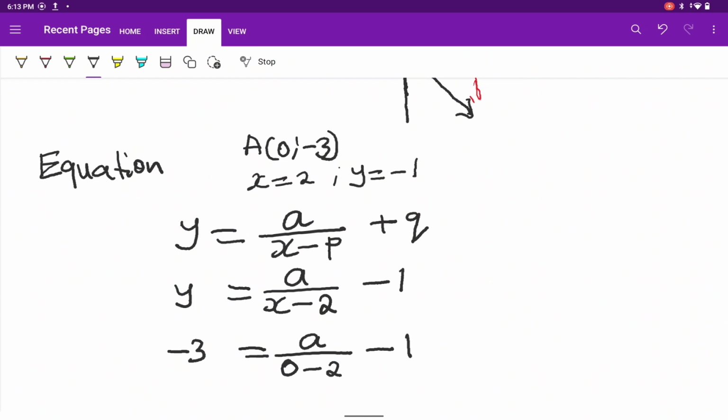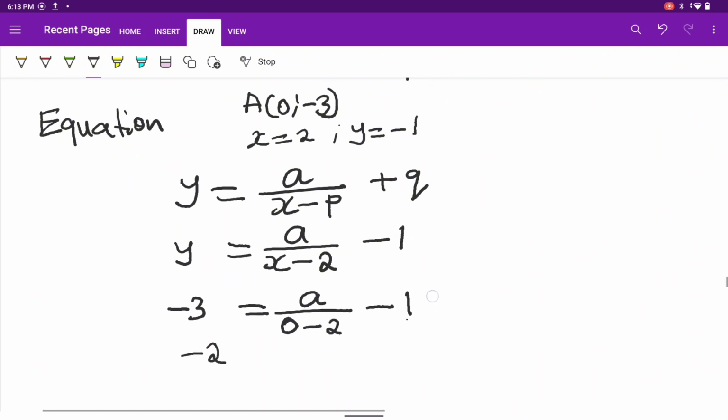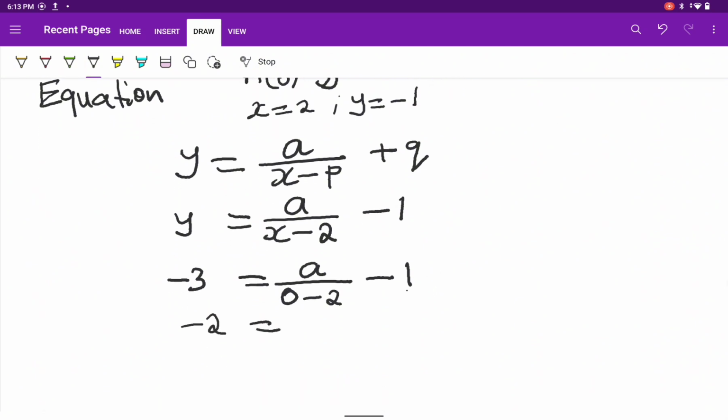So we take the 1 to the other side, so it will be -3 plus 1, which gives us -2. So this will be a over -2. 0 minus 2 is -2. So we multiply both sides by -2, so we get a to be 4.